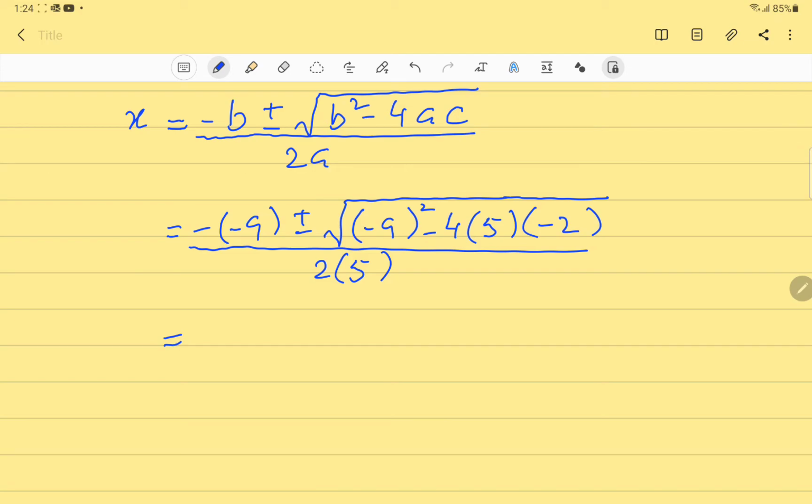Let's simplify this. Minus into minus 9 will be plus 9. Square of minus 9 will be 81. Minus 4 multiplied by 5 will be minus 20, and when we multiply minus 20 with minus 2, it will become plus 40.